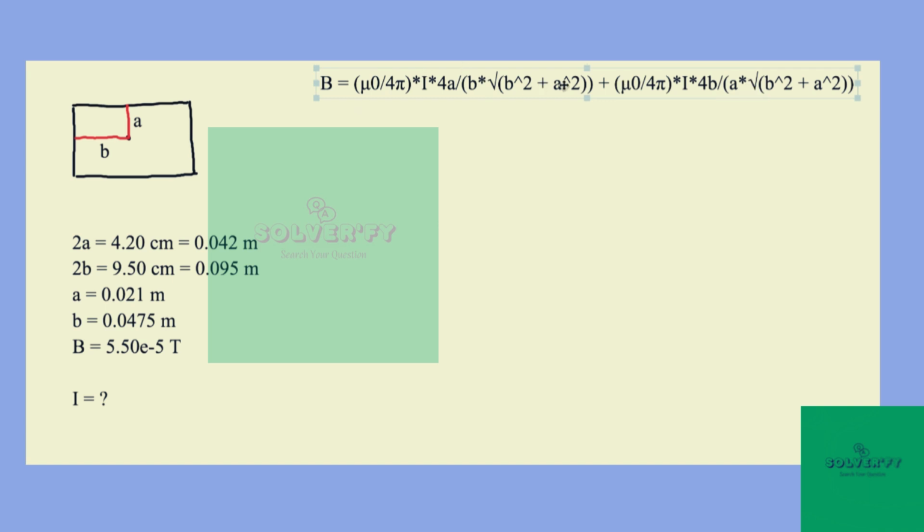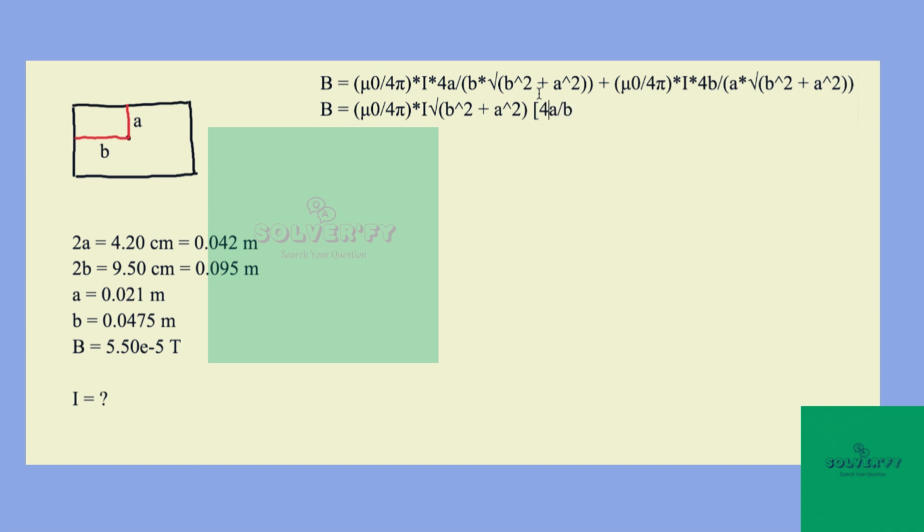So now let's just simplify this equation by combining some of these terms and factoring it out. Notice that we have a factor of mu naught over 4 pi, and we have a factor of I, and then we also have this factor of square root of b squared plus a squared in each of these terms. So I'm just going to consolidate that and pull those out front. So we have this term, and then we have this term, and then we'll be left with 4a over b.